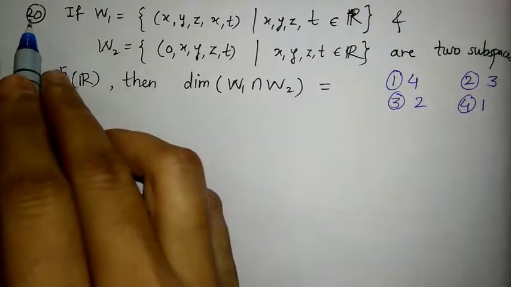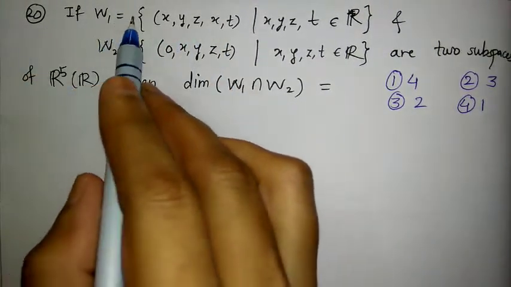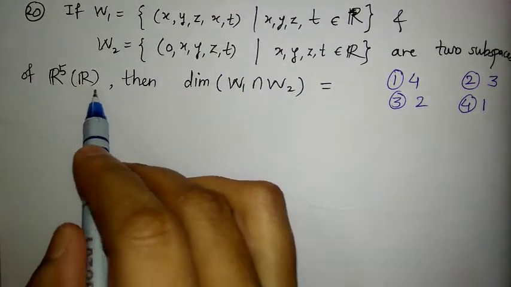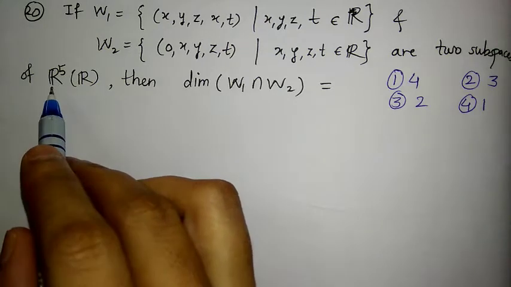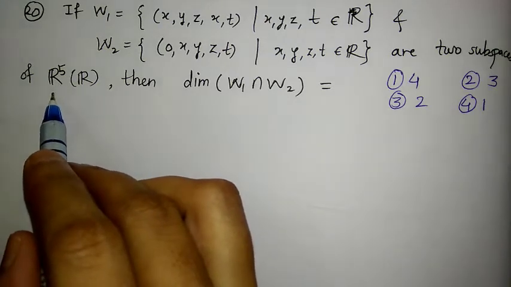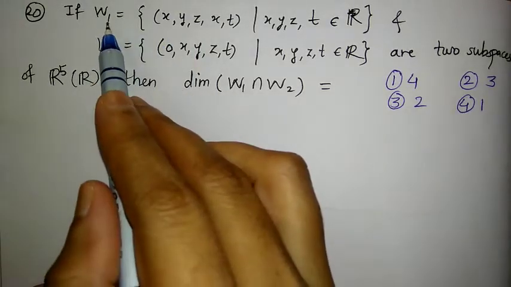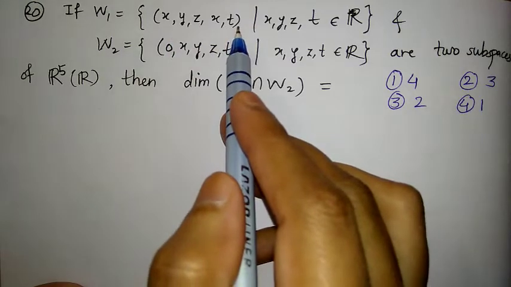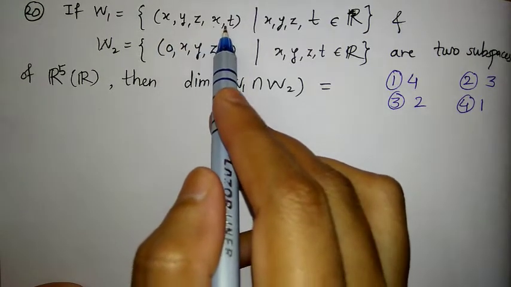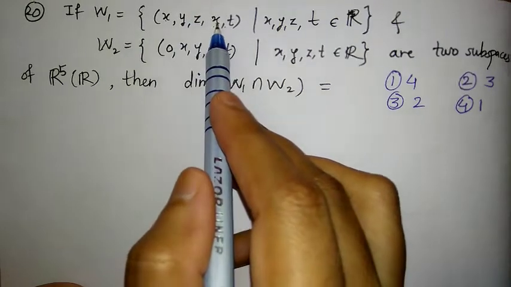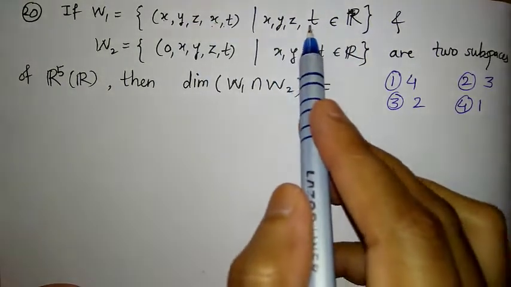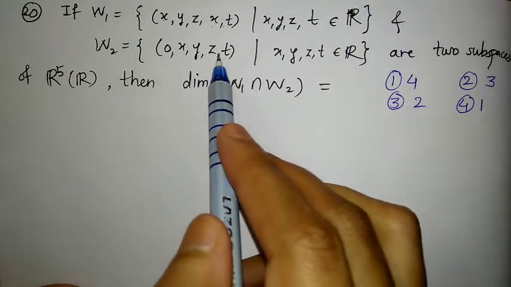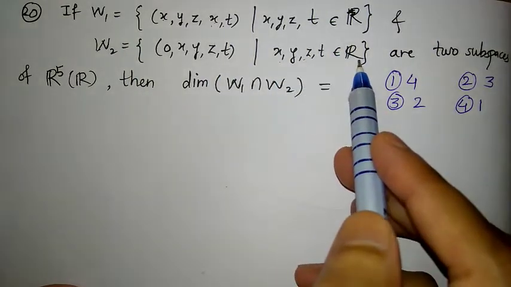So this is question number 20, and we are given that W1 and W2 are two subspaces of R5 over R. That means R5 is a vector space over R. W1 is defined as all vectors x, y, z, x, t in R5, that means the first coordinate is the same as the fourth coordinate, and all these x, y, z, t are real numbers, and W2 is 0, x, y, z, t, where x, y, z, t are real numbers.